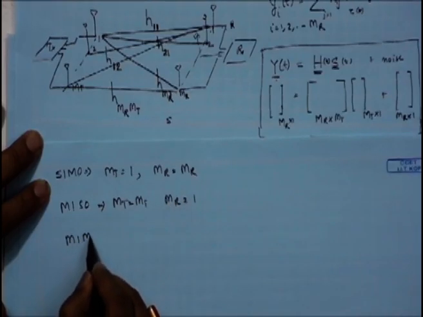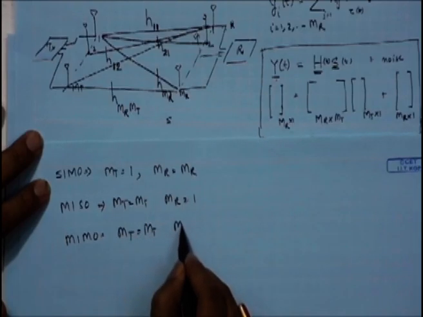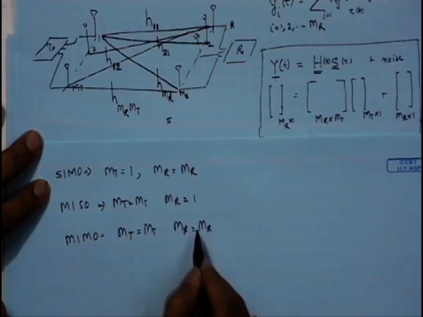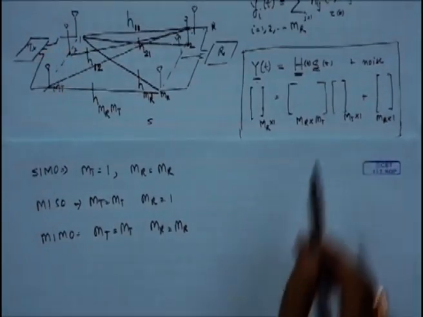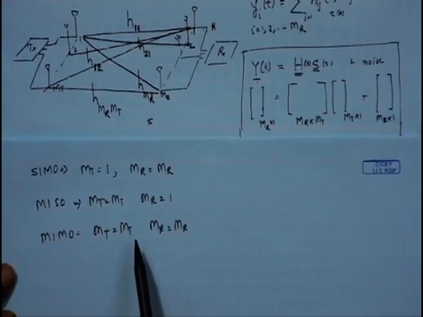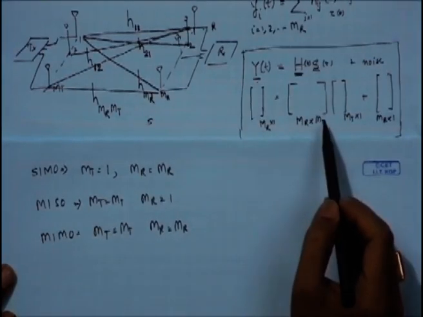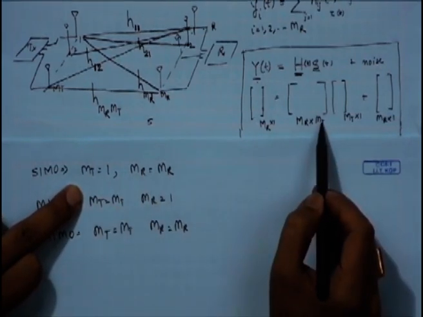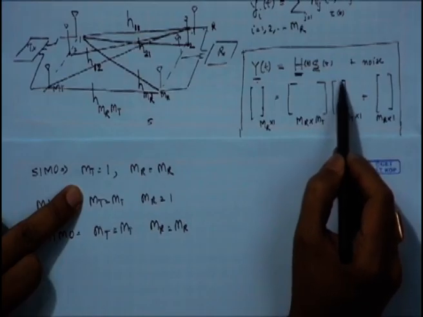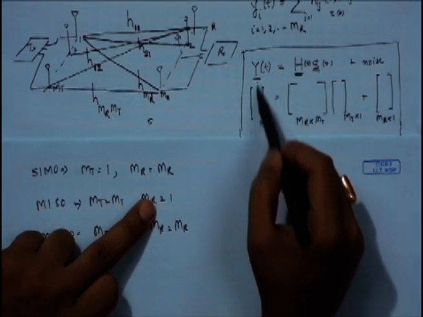In case of a MIMO system, you have MT equals MT and MR equals MR. So that means you have this particular matrix at hand, which is useful, whereas in other cases just these numbers would help. If we take one particular example, let's say SIMO, MT equals 1, that means only one signal is transmitted, whereas MR equals MR. So we get all these values.